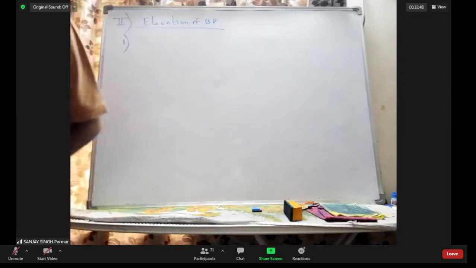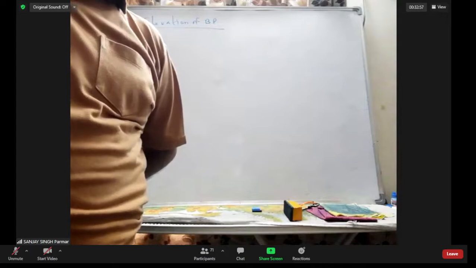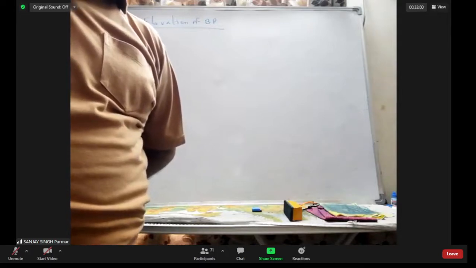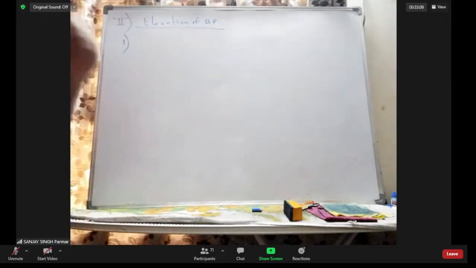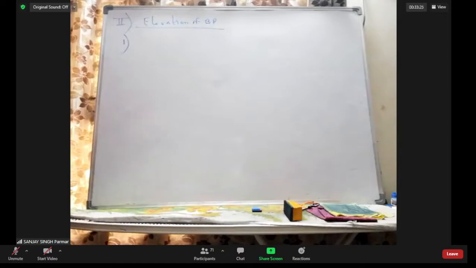Basic point: the temperature at which the vapor pressure of a liquid is equal to atmospheric pressure is called the boiling point of that liquid.